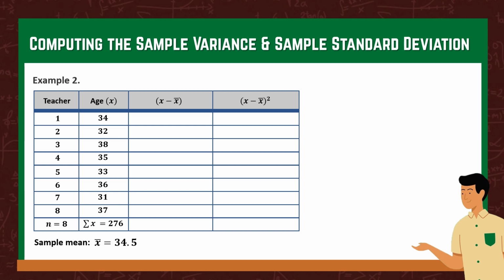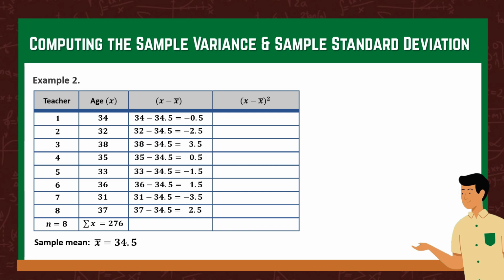Now to compute for the sample variance and sample standard deviation, we need to subtract its score or data from the sample mean. Then the result we're going to square. So we will have something like this. So 34 minus sample mean 34.5 equals negative 0.5. So 32 minus 34.5 equals negative 2.5.